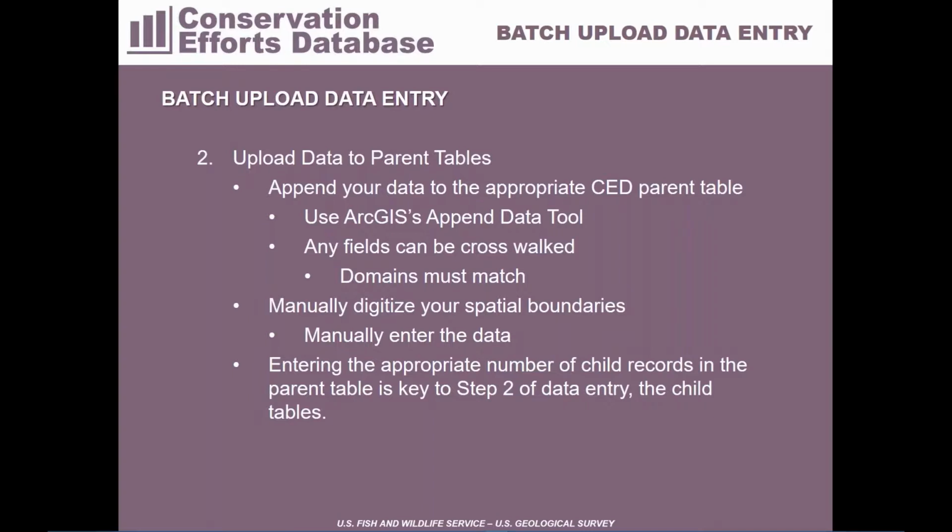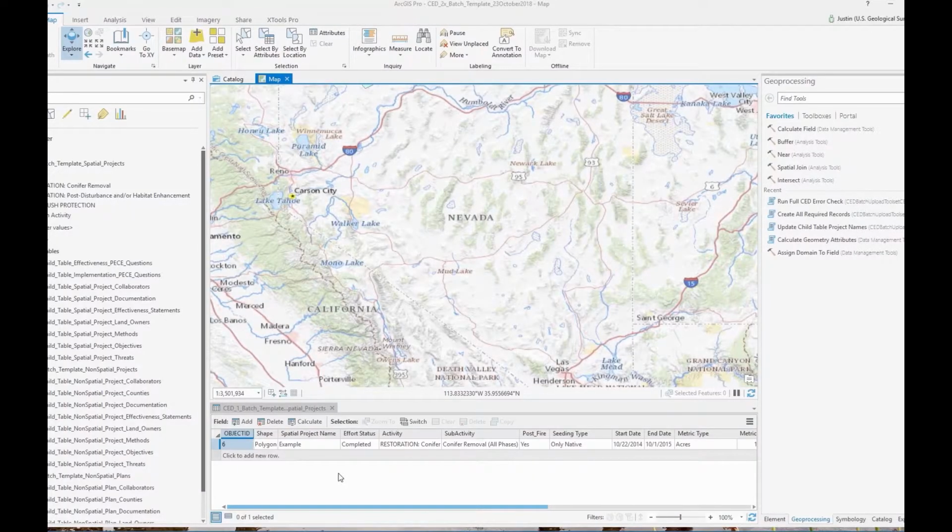Now let's take a little bit of time and go back to our ArcPro document and look at how we can enter data into one of these CED parent tables. Here you see our CED 2X batch template dated 23 October 2018. This is an ArcPro project that comes with the CED batch upload template.